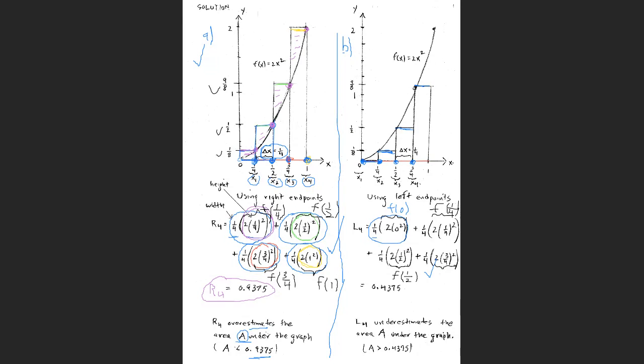And then the last rectangle, 2 times 3/4 squared, would be f of 3/4. Okay, and then L sub 4 will be equal to 0.4375.